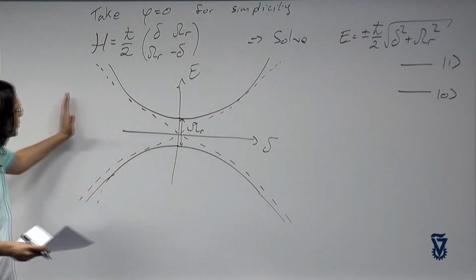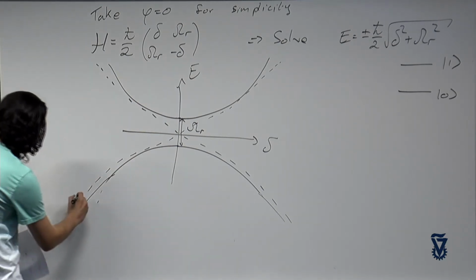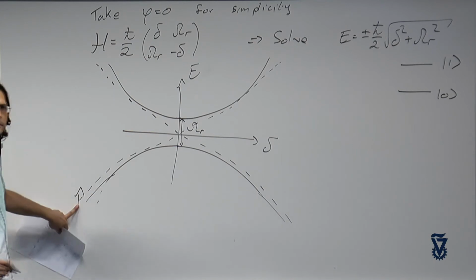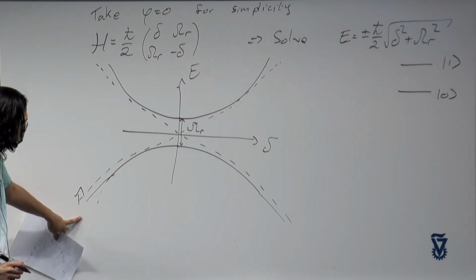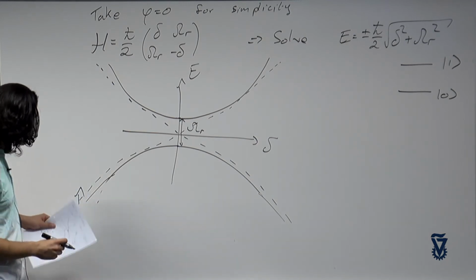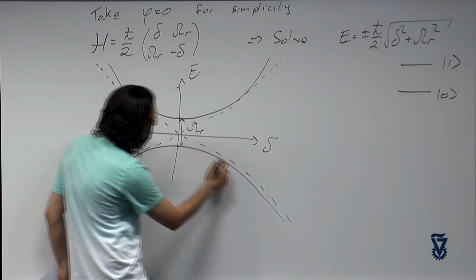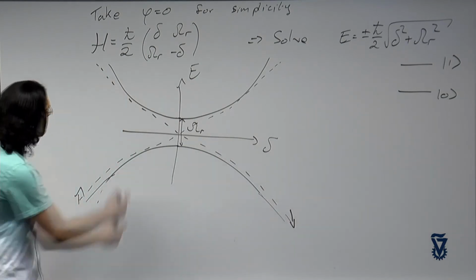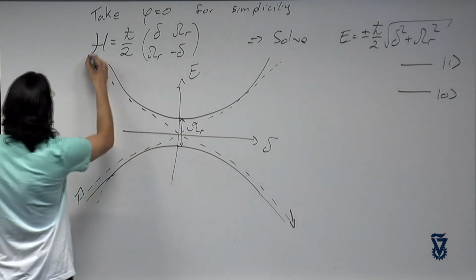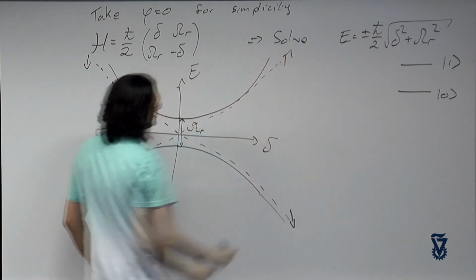If we're highly detuned and our magnetization starts somewhere over here, if we go really slowly, we're going to stay on this branch and our magnetization is going to flip. Remember, this solution corresponds to this, and this solution corresponds to that.